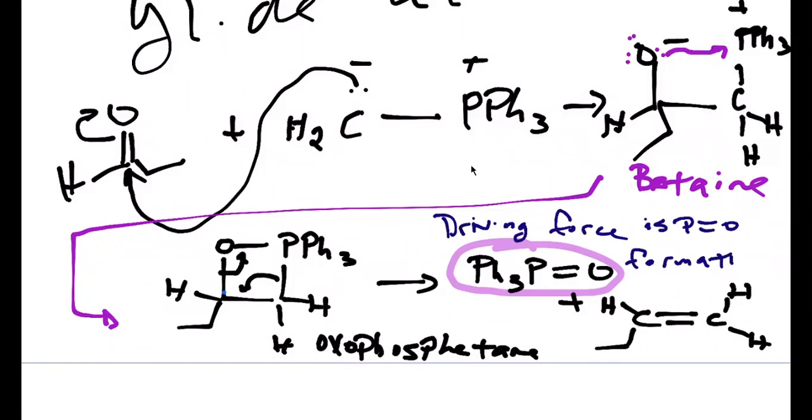So that PO double bond, you release a lot of energy from that, and so that is the driving force. That's what's pushing the reaction. So if you remember from chem, Le Chatelier's principle, the more of that phosphine oxide you make, the more of the intermediate is going to break down to generate more, right? So the more of that you make, the faster that intermediate is going to break down to try to keep up with that equilibrium.